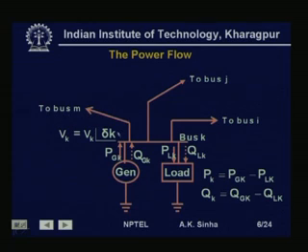The voltage at this bus bar is Vk, where Vk is equal to the magnitude Vk and angle delta k. One thing we see from here is that this generator is injecting real and reactive power into the bus bar, whereas this load is drawing real and reactive power from it.